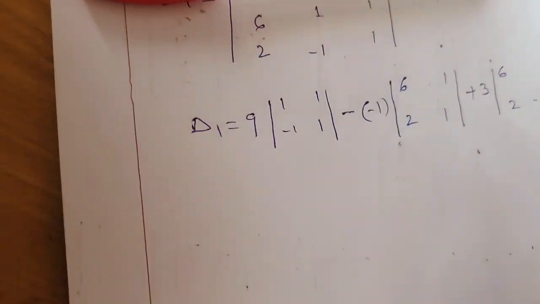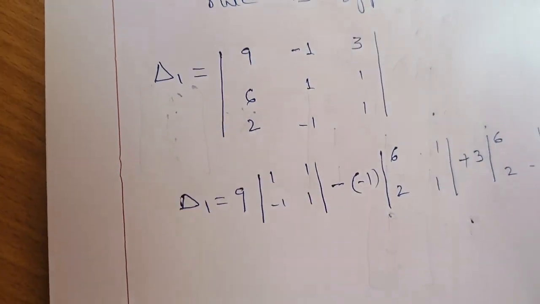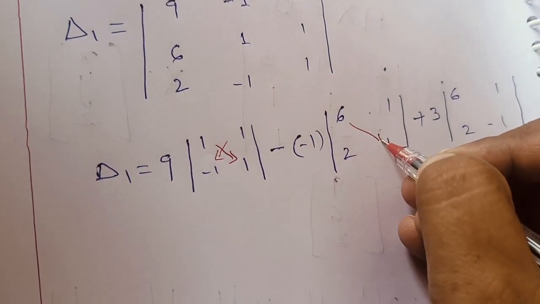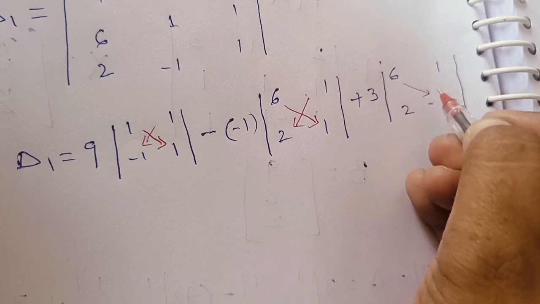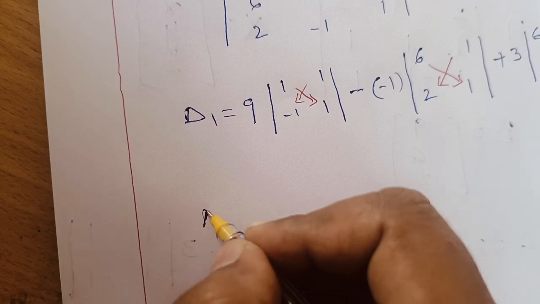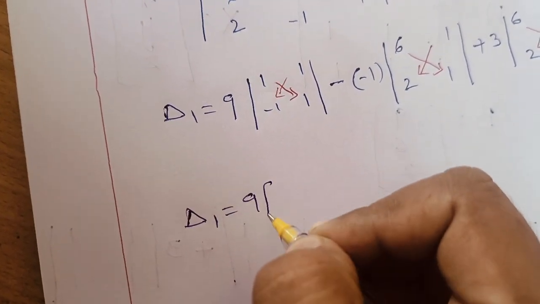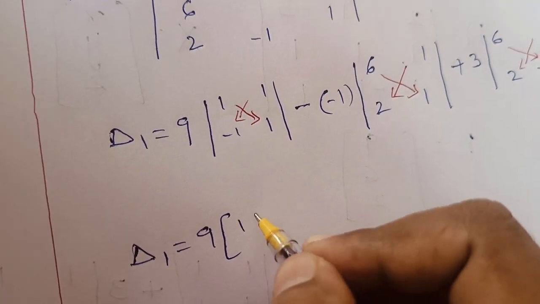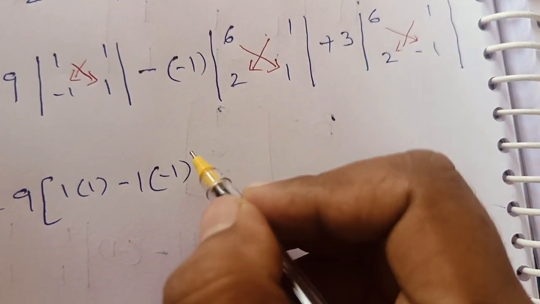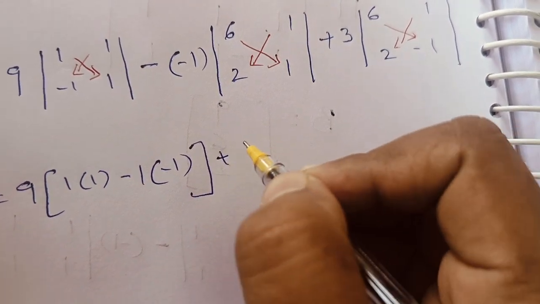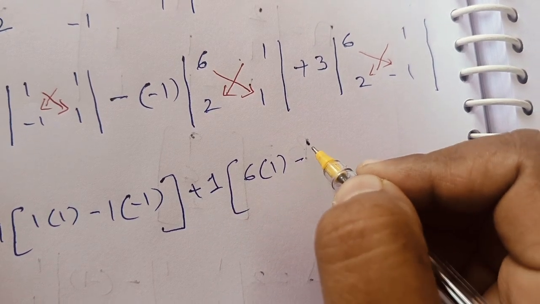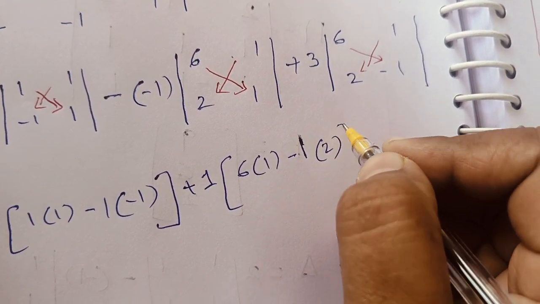Now by using AD minus BC form, we get delta 1 is equal to 9 into 1 into 1 minus 1 into minus 1. Second term minus into minus plus 1. This is 6 into 1 minus 1 into 2.